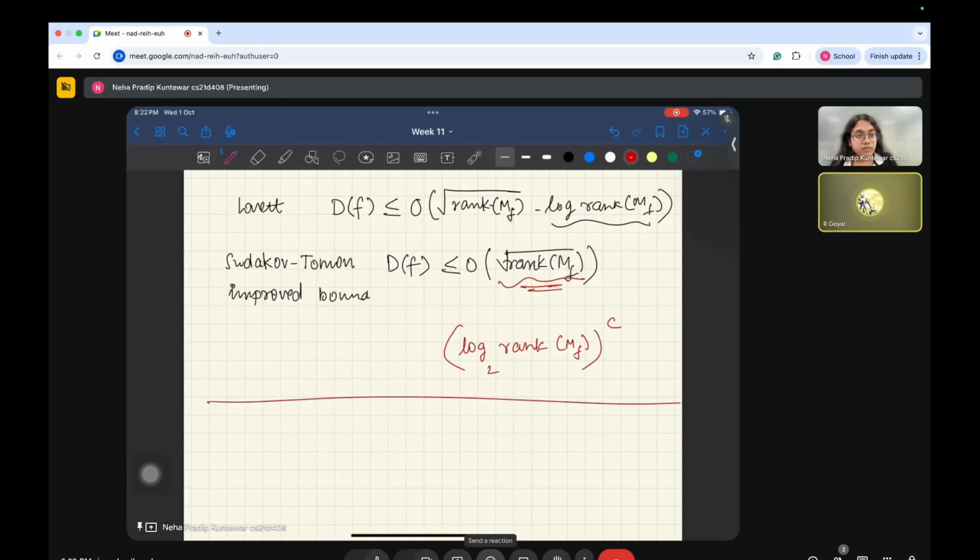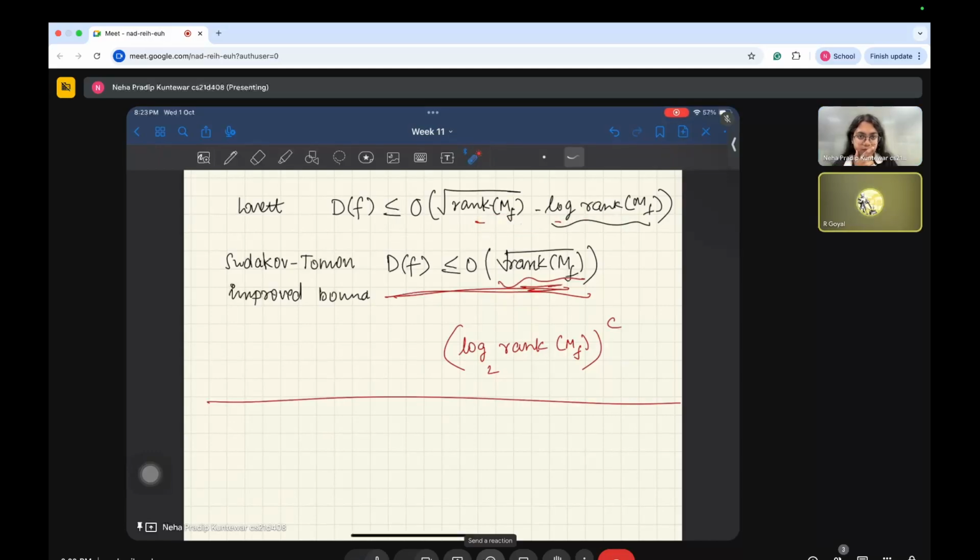So what is the current situation? Which is the known upper bound, the square root of the rank of M_f or this one? This is the best, because this is worse than this.